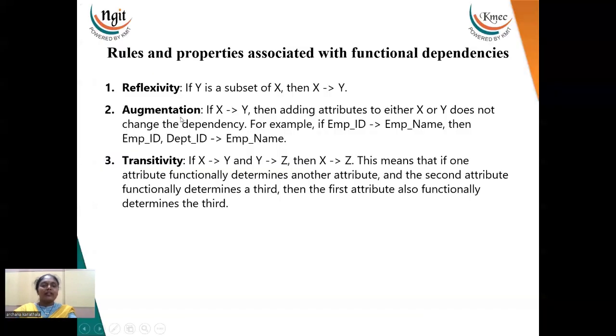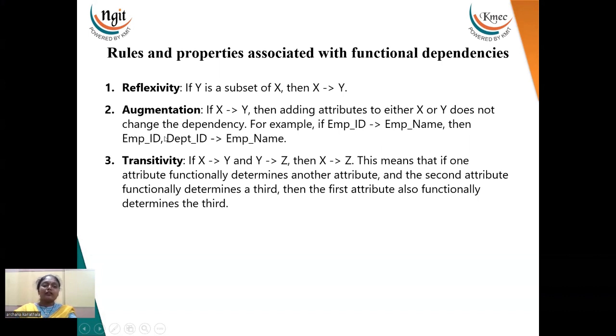The second one is augmentation. If X determines Y, then adding an attribute either to X or Y does not change the dependence. So now look at the example here. We are trying to derive employee name with the help of employee ID. Then adding another attribute to this, there will not be any change, right?